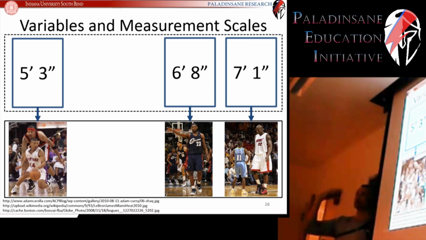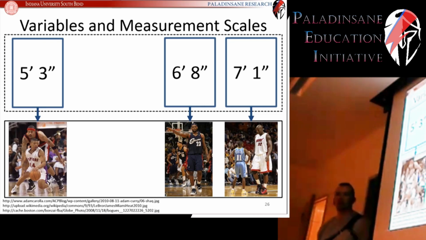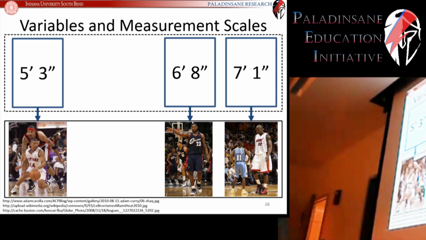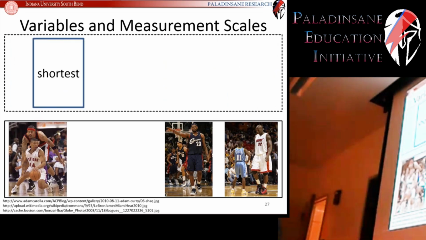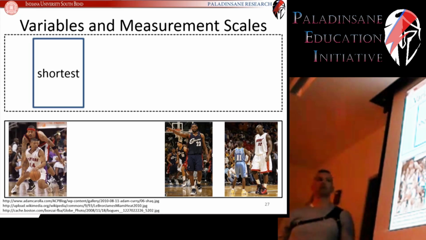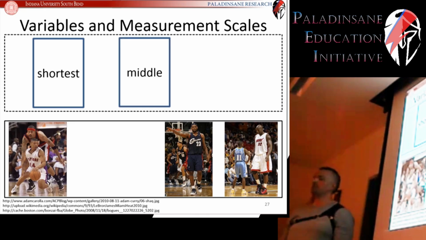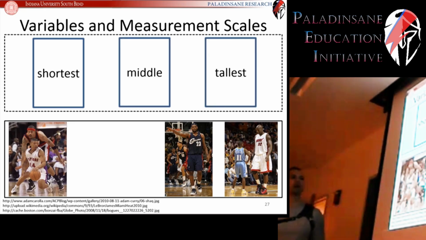All right, so it's all about the relationship between your measured score and your true score. Let's take a look at another way to measure height. We could measure height on a relative scale. We could classify one of these players as the shortest, one as being in the middle, and one as the tallest.